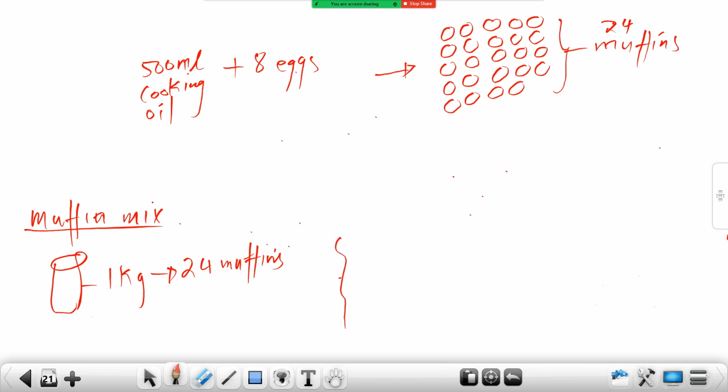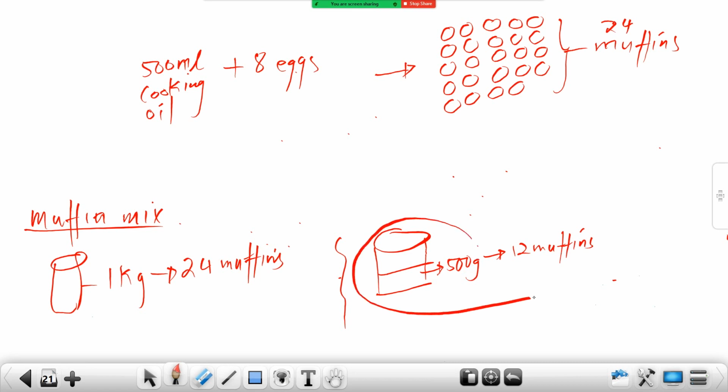And I know that if I use half, which is 500 grams, it is going to give me 12 muffins. So here comes my problem. I am at home, but I only have a muffin mix which is 500 grams.